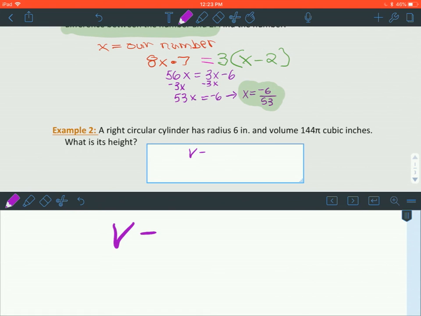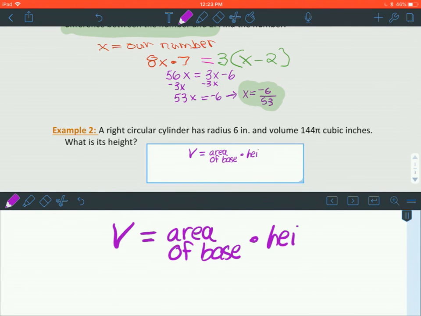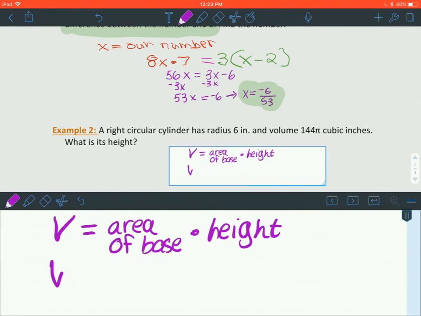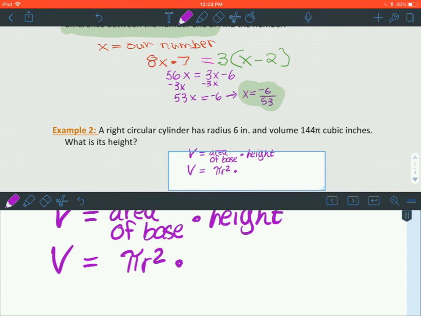So volume for a cylinder is area of your base times your height. Since the base on a cylinder is a circle, area of our base is going to be pi r squared, since that's the area of a circle. And then times our height, which I'm just going to call h.